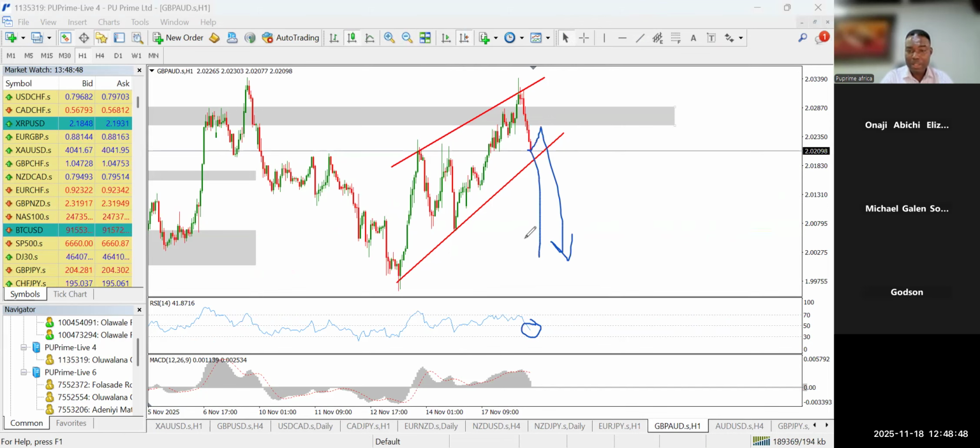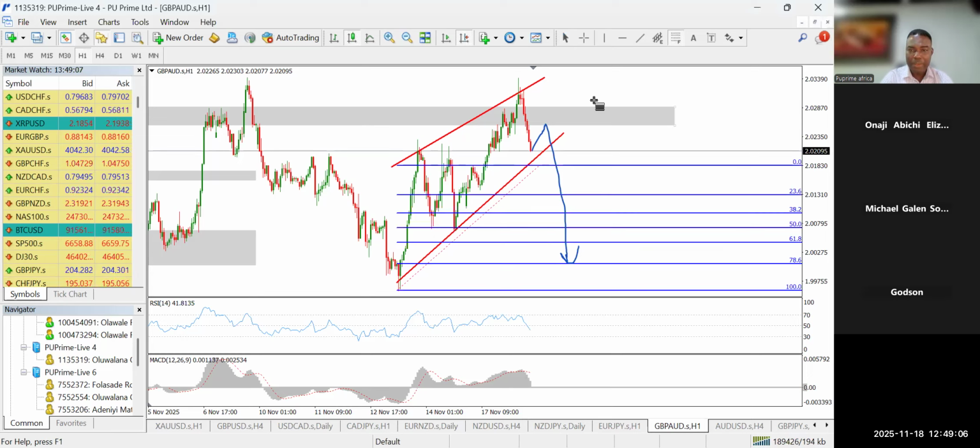Or we may see an outright one, anything can happen, but I would favor first a retracement, probably a retest of this resistance before the breakout. But either way it happens, we are bearish on the GBP AUD on 1 hour, meaning this is still possible before the end of today. We are bearish on the GBP AUD.